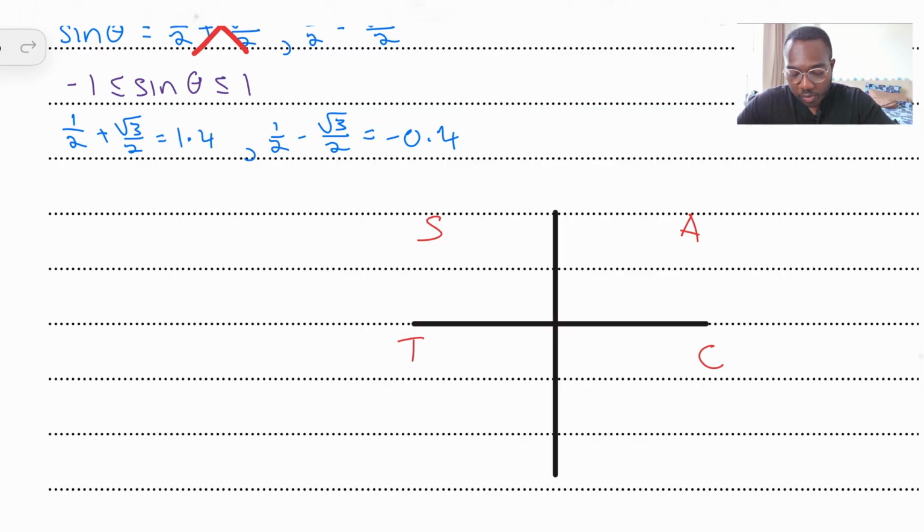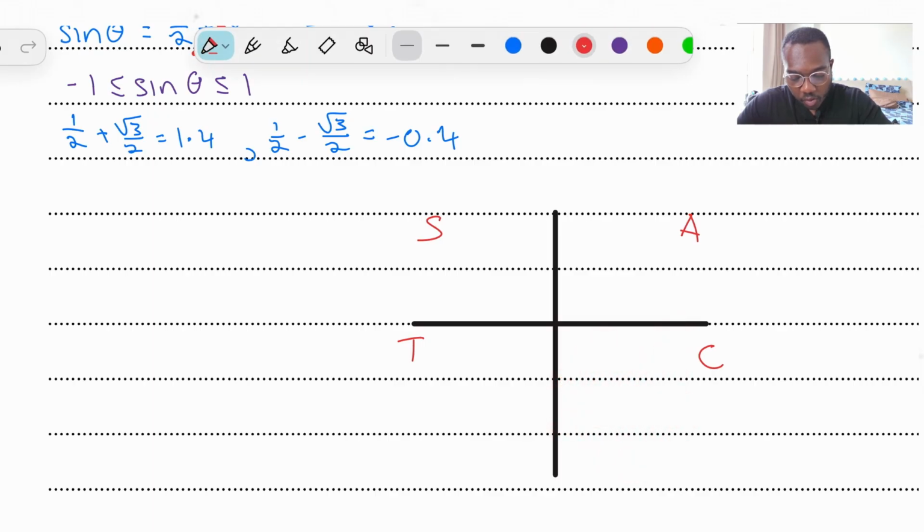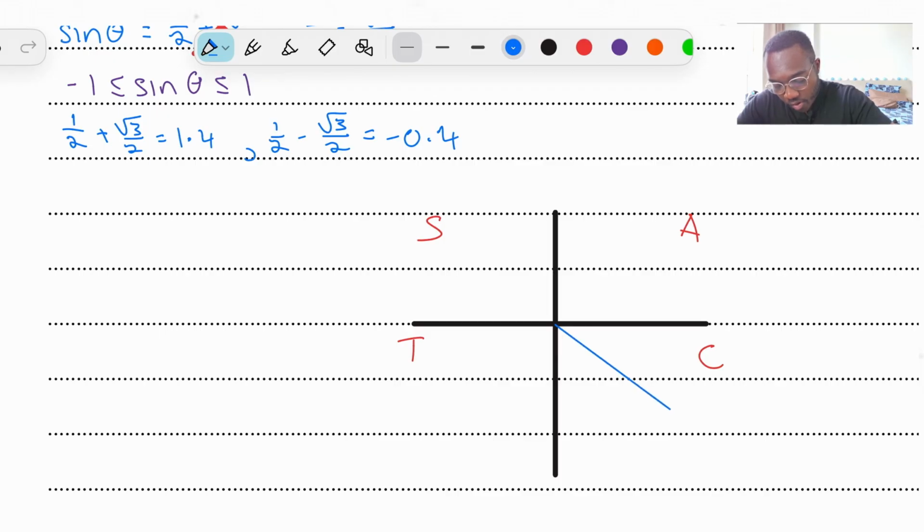Well, that minus 21.5, if you think about it, would be in this quadrant here, okay? So what does that actually tell us? Well, that tells us that it's going to be 21.5 degrees here. And we know that we're also going to be in that T quadrant too because sine is negative. So we're also going to have another 21.5 degrees here.